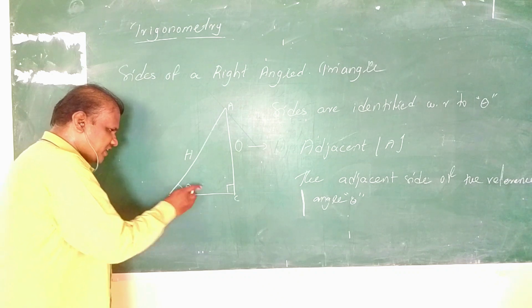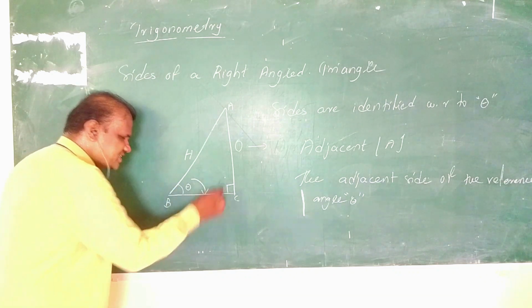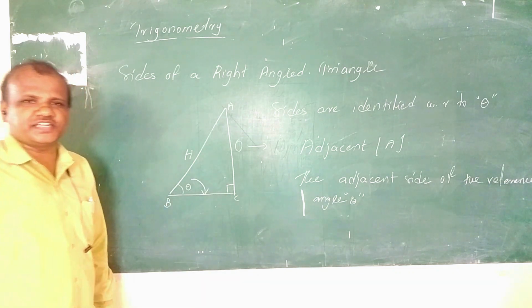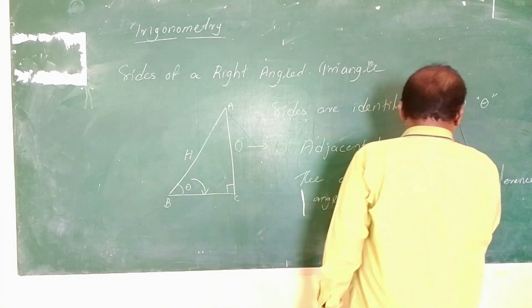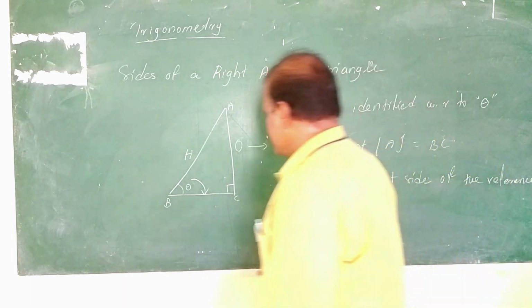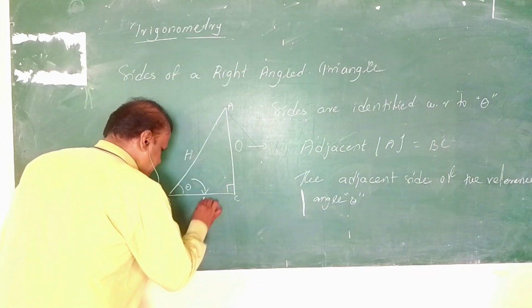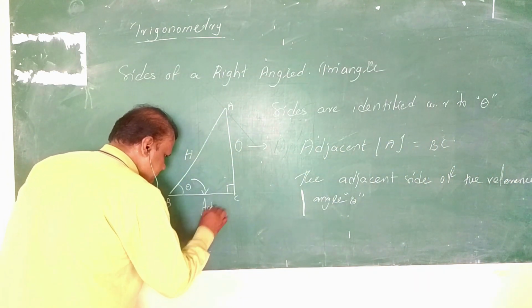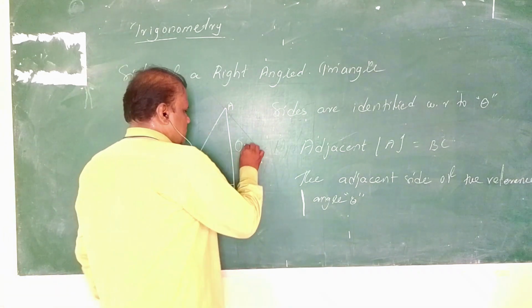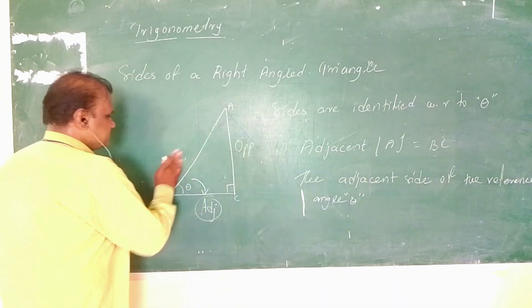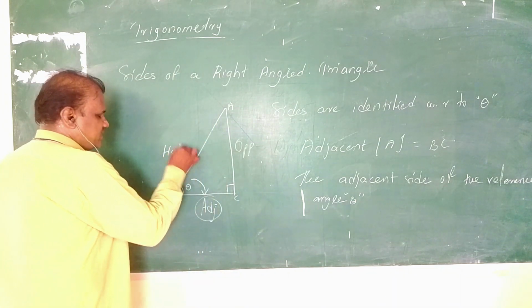Therefore the adjacent of theta is this side, the base of the triangle. In our case it is BC. This is the adjacent, this is the opposite side, and this is the hypotenuse.